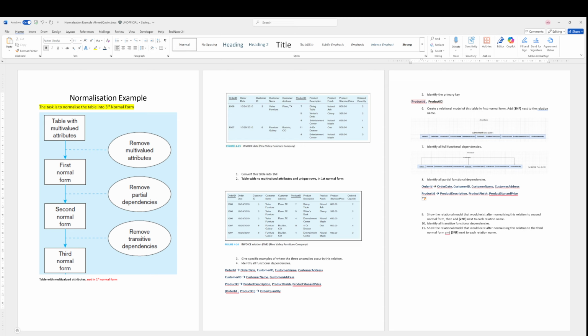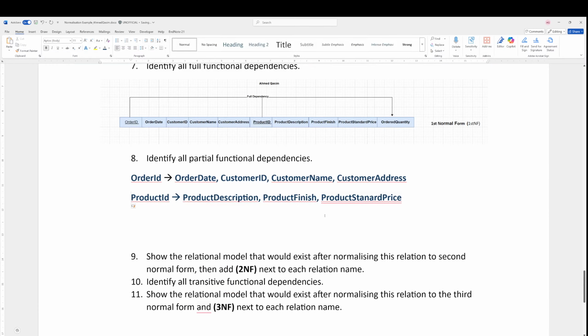Product ID, order ID, there are these partial dependencies because these attributes depend only on one part of the combination. Maybe I should enlarge this one now.